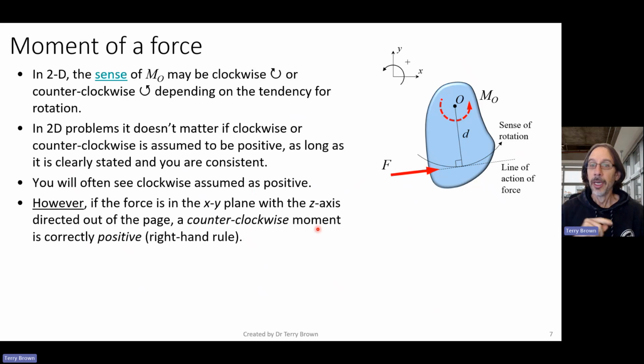However, if the force is in the XY plane and the Z-axis is directed out of the page, a counterclockwise moment is the strictly correct positive direction.